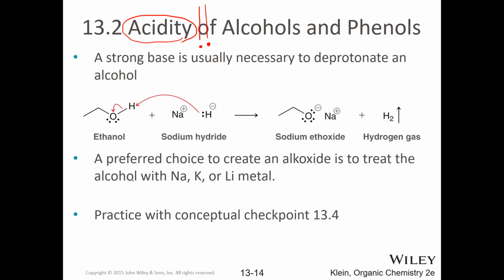So I'll remind you what an acid-base reaction is. We did this, I think, in chapter 3, but it's very important here. In an alcohol, you've got a hydrogen bonded to an electronegative element, namely oxygen, and a base comes in. I'm just going to redraw it.